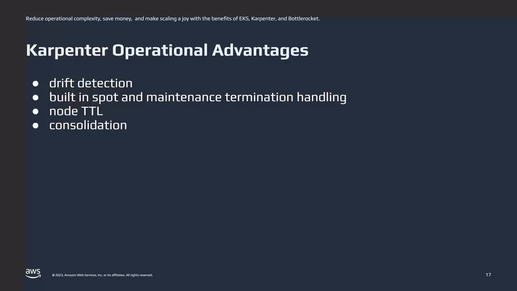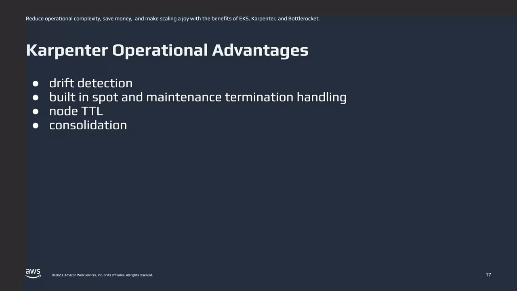Karpenter also makes updating the nodes a breeze. So it recently added a drift detection feature. This will automatically drain and replace nodes whose configuration is out of step with the fields in the node template and provisioner resources. So simple example here, when the AWS node template definition picks up a new AMI version, Karpenter will automatically handle draining and replacing nodes running the old AMI.